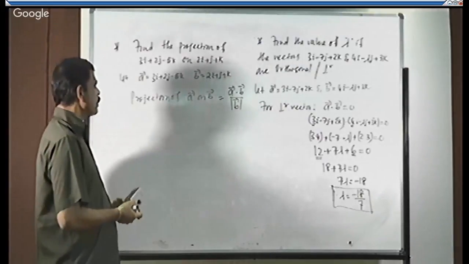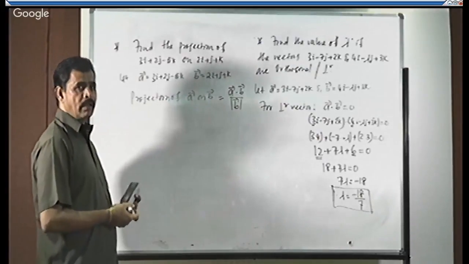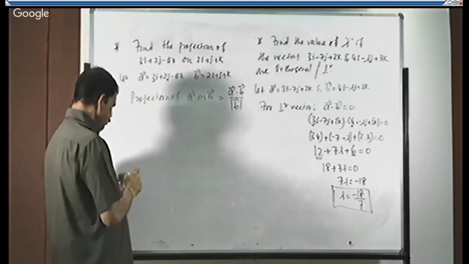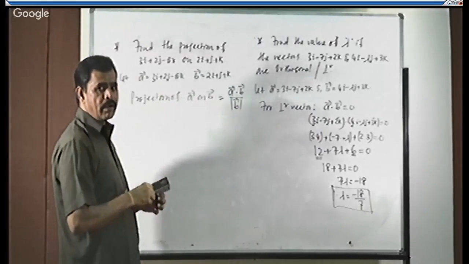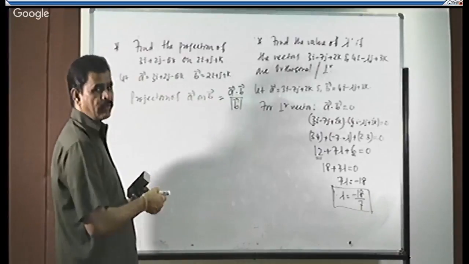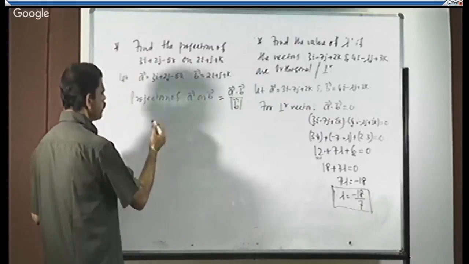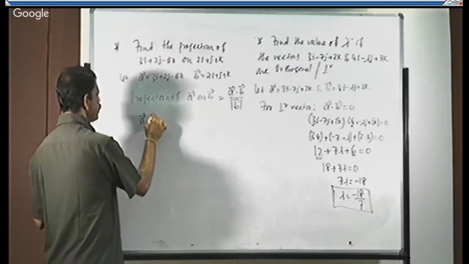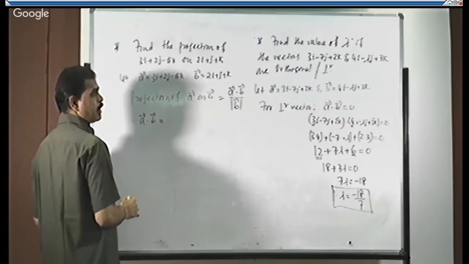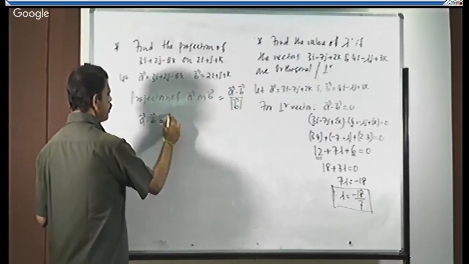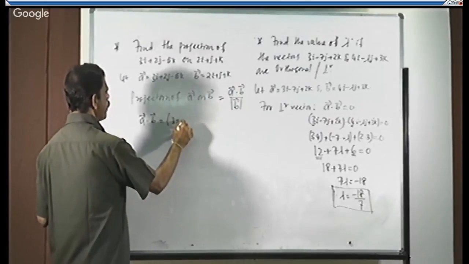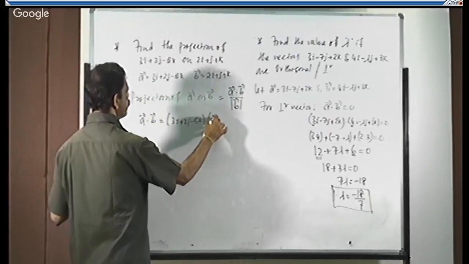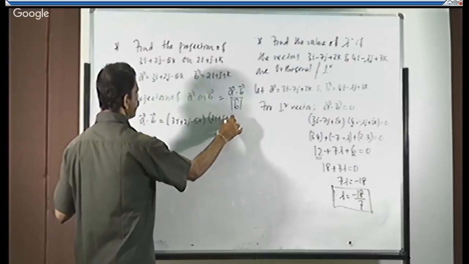If they give specifically vector A and B, then you can take according to that. But here it is not mentioned which is A, which is B. We are taking the first vector as A and second vector as B. Therefore, we are getting the projection of A on B. To substitute in that formula, we need A dot B and magnitude of B. A dot B is what? 3i plus 2j minus 5k dot B, which is 2i plus j plus k.